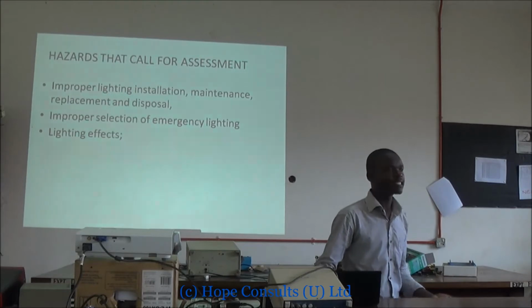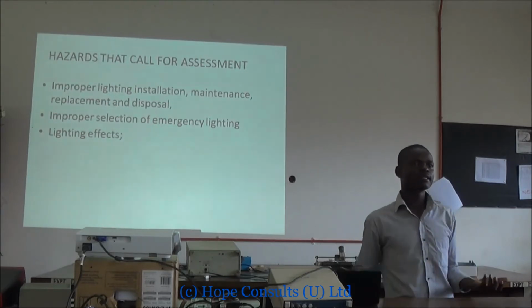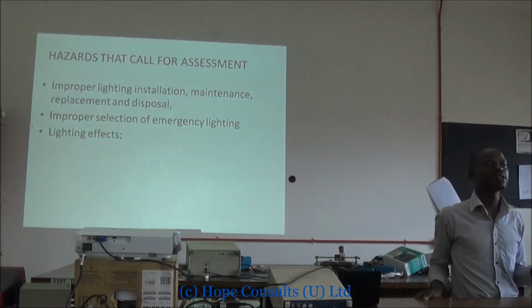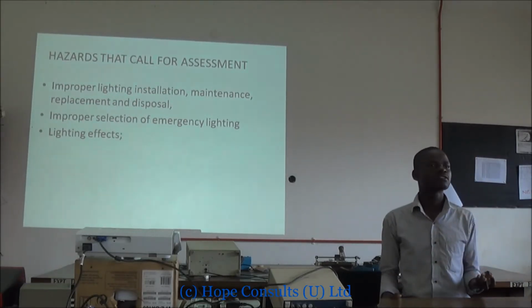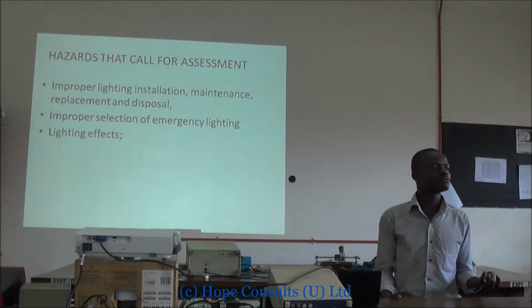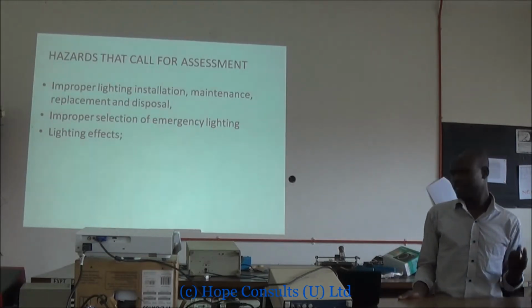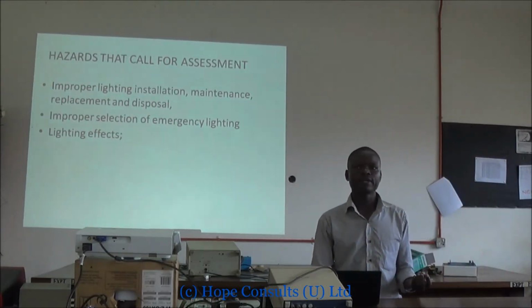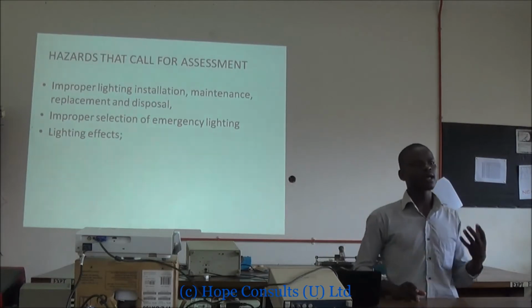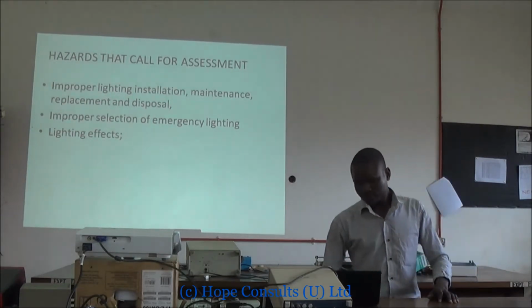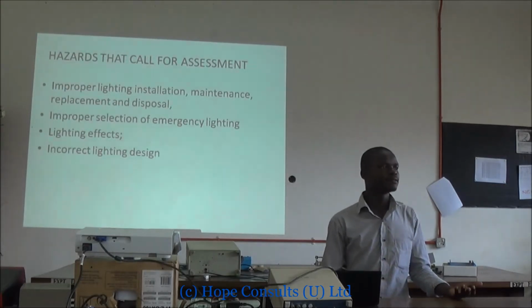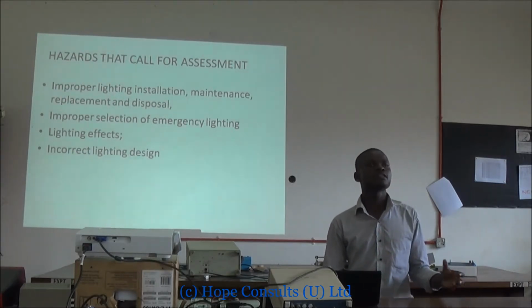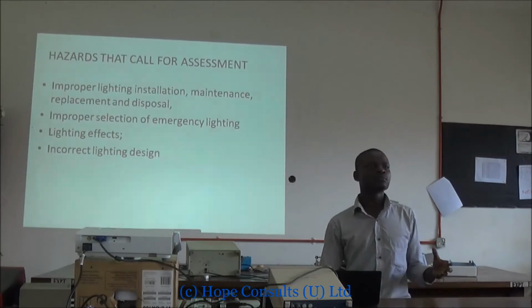Then we have lighting effects. We have very many lighting effects. We have glare, we have color effects, and they are going to be discussed for you, we have the stroboscopic effects of light, we have radiation, infrared, because all these affect the workers. Then we have incorrect lighting design. We have very many lighting designs. For instance, we have positioning of light.